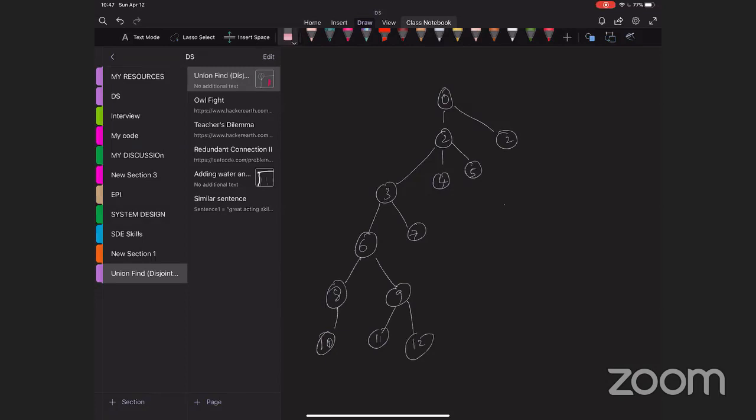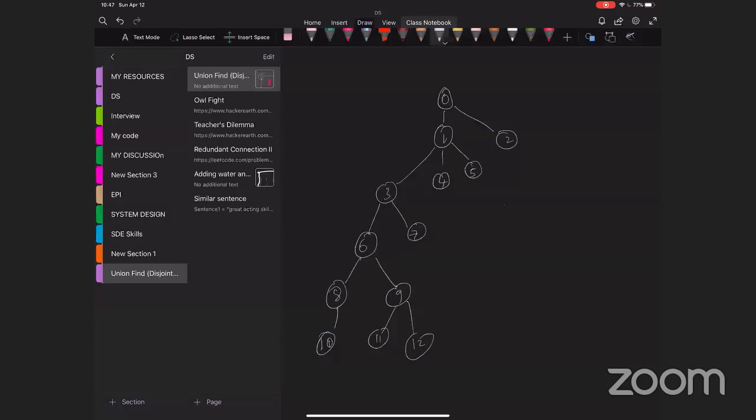Yeah, 2 is repeating, number 2. Yeah, 2 is repeating. Oh, okay. This is easy. I'll make it 1. Okay.